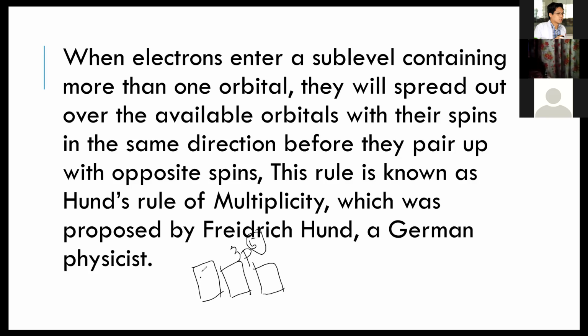So let's spread out: 1, 2, 3, before pairing. So let's pair up: 1, 2, 3, 4, 5. So this is the correct spreading out of electrons based on Hund's rule.